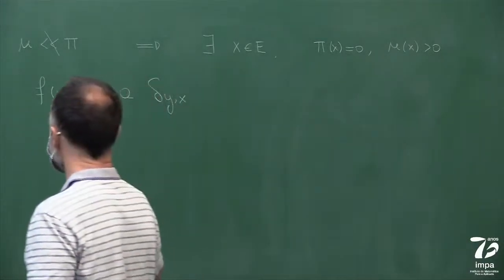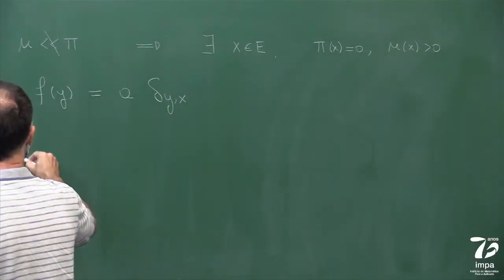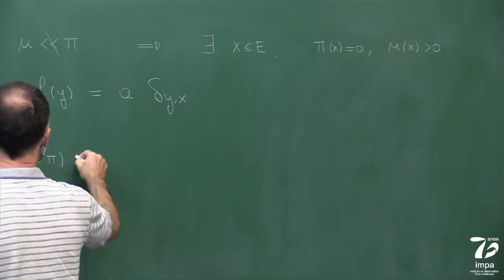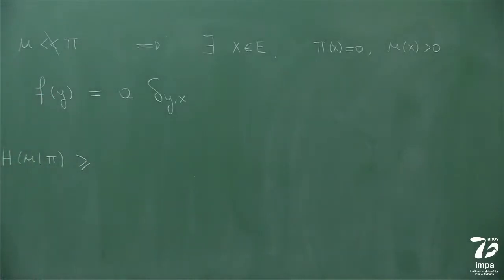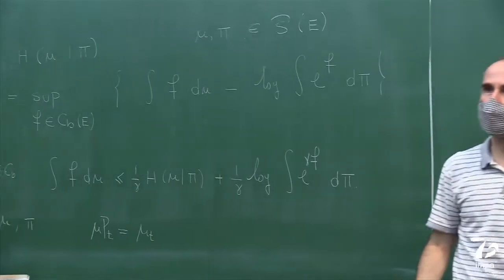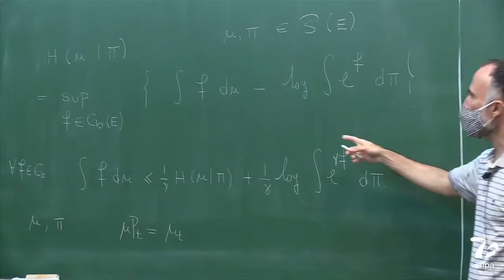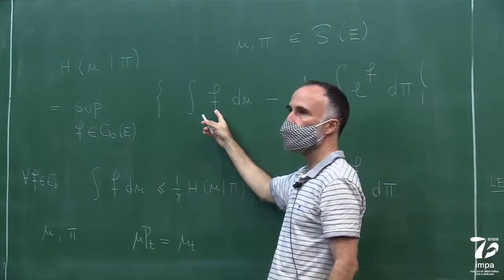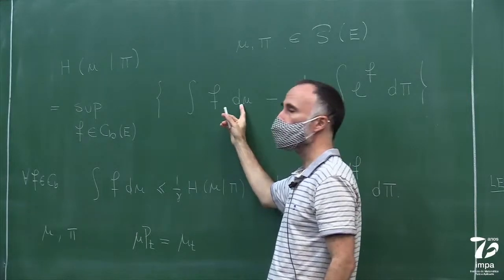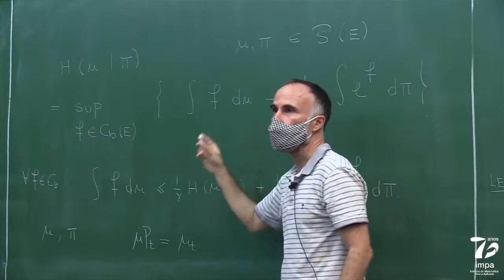So I know that the entropy of mu with respect to pi is larger than this expression computed at f. And if I go to this expression, you see that f is 0 everywhere but at x. So here I get just a times mu of x.